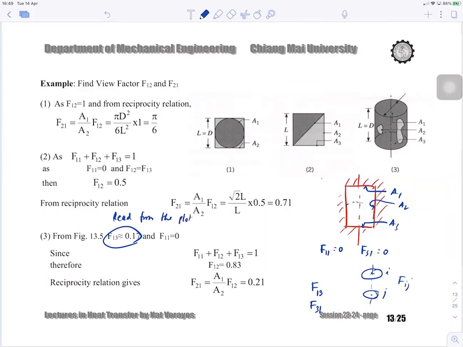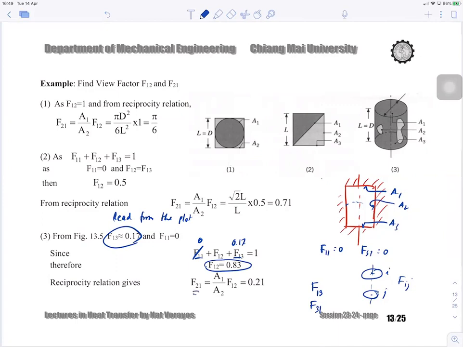So let's say you go to that table, do the graph, and you read it from the plot. It's equal to 0.17. Then you know right away, because F11 plus F12 plus F13 equals 1, and F11 equals 0, F13 equals 0.17, you rewrite this equation, solving it, you're going to have F12 equal to 0.83.